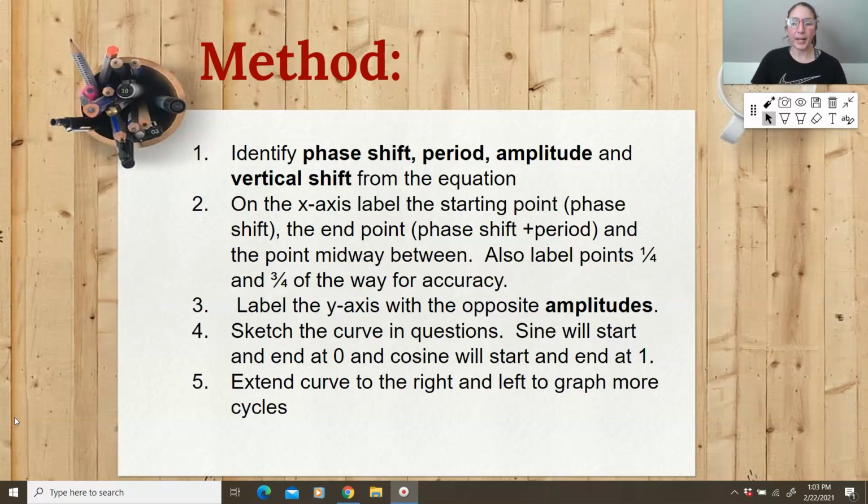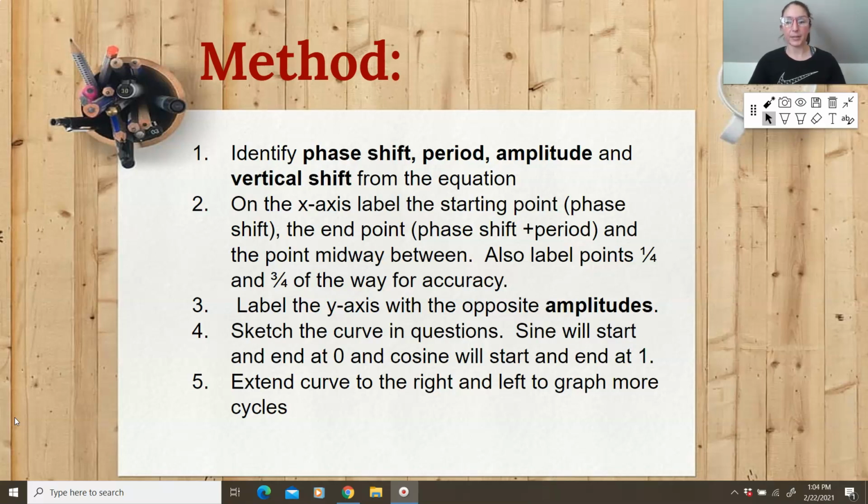Then we're going to label the y-axis with the opposite amplitude. If my amplitude is 5, I'll label 5 and -5 on my y-axis. If my amplitude is 7, I would have 7 and -7 on my y-axis. Then I'm going to sketch the curve in question. Remember, sine will start at 0, then go 0, 1, 0, -1, 0, except my 1s and -1s are going to turn into my amplitudes.